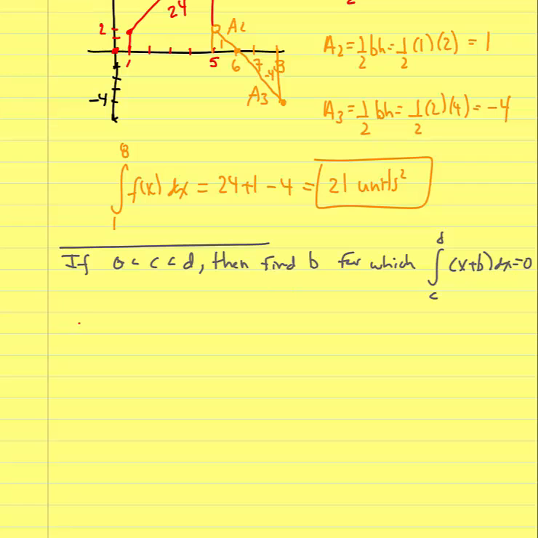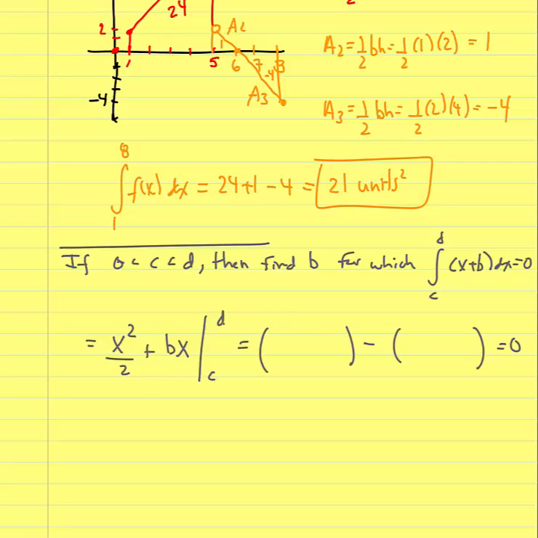So let's start integrating. If we integrate this, we get x squared over 2. If we integrate b, that's the same as bx to the 0. I add 1, divide by the sum, and I get bx. This is evaluated from c to d. So I plug in a d. I always go my upper minus my lower, and I'm going to get 0 for my answer here and then solve backward.